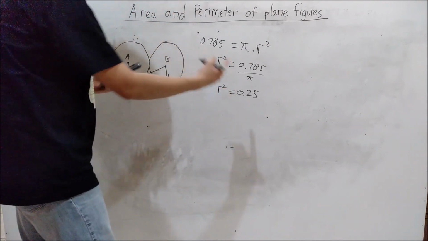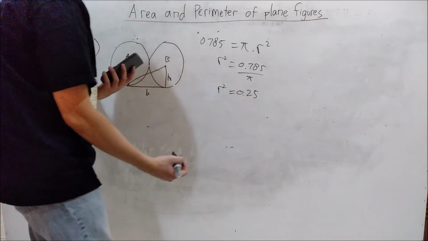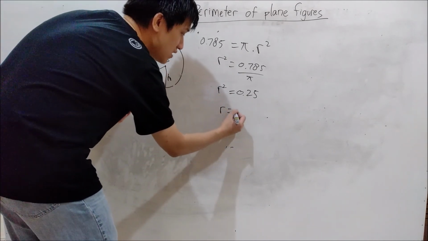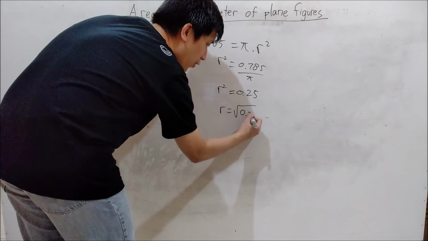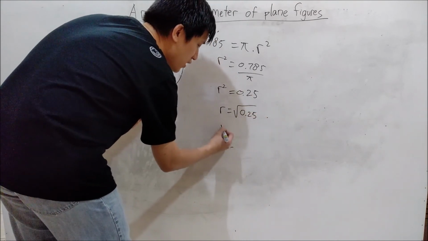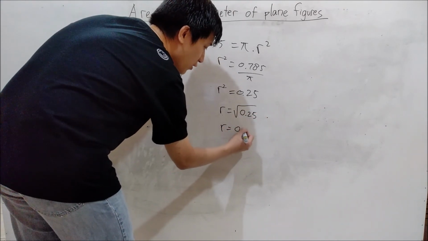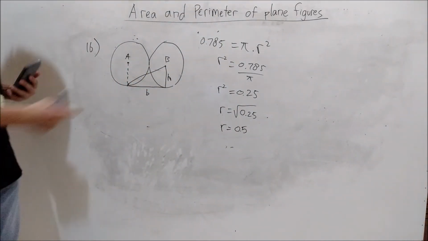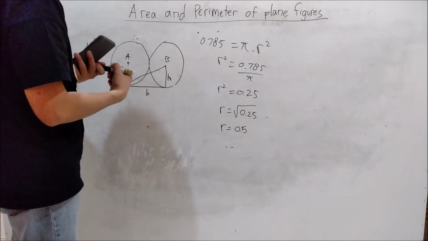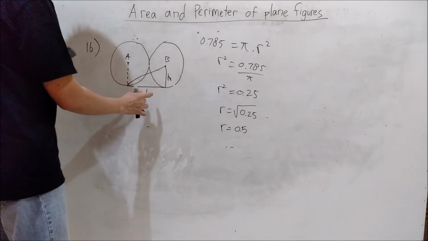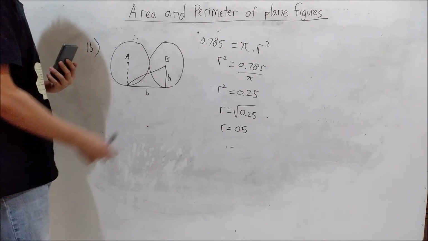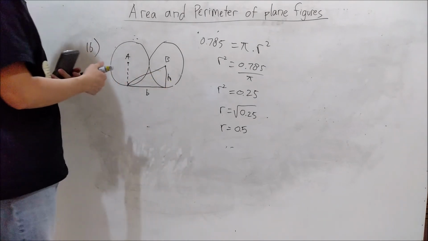So what number times what number will become 0.25, or r will be the square root of 0.25. You will get it as 0.5. The r is 0.5. Now you know the height of the triangle is 0.5, while the base is twice the radius, right? So the base is 1.